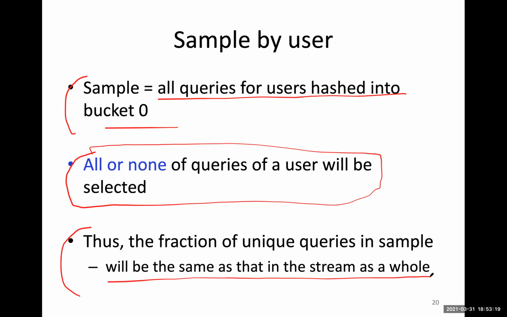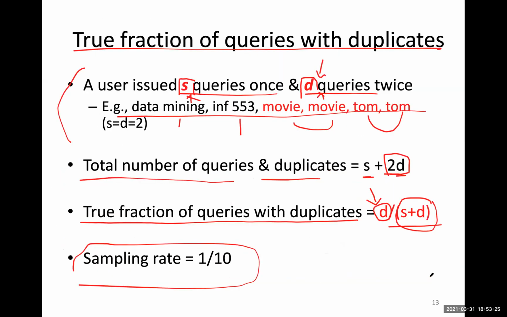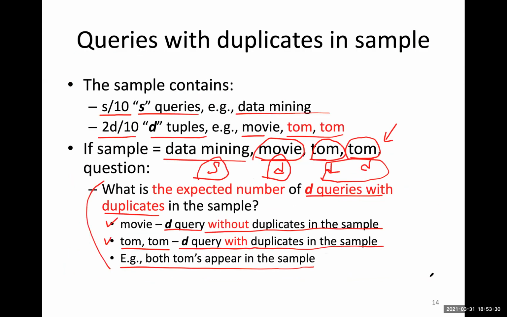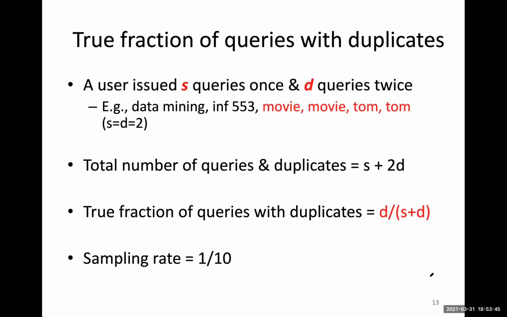Yes. I have a question on page 14, actually. I don't understand why Movie and Tom are different from page 13 to 14, because Movie appeared 2 times and Tom also appeared 2 times. Right. So Movie and Tom both appear 2 times in your original data.